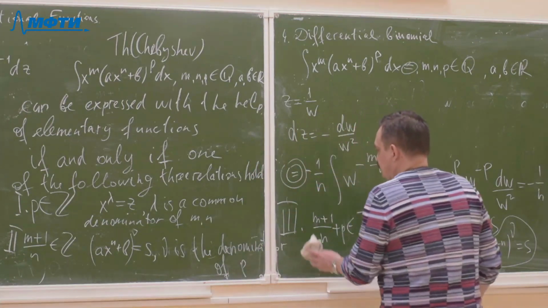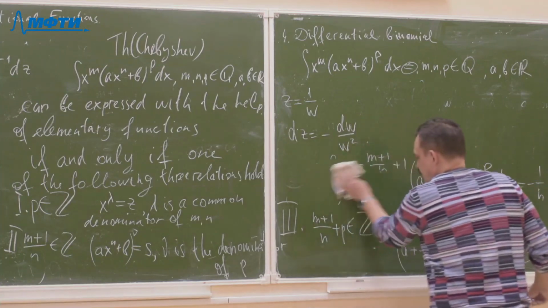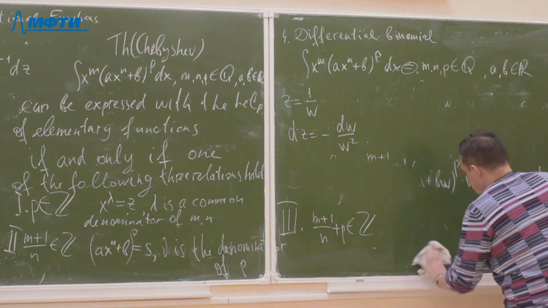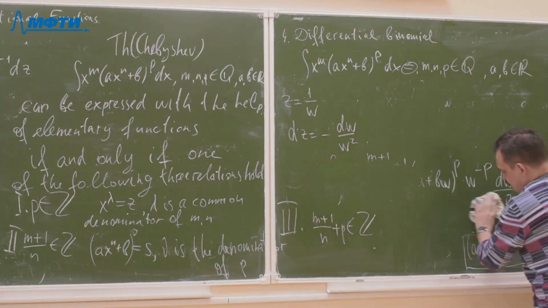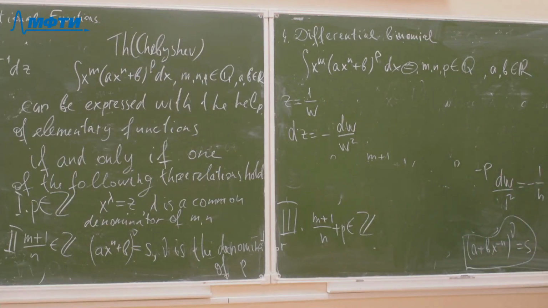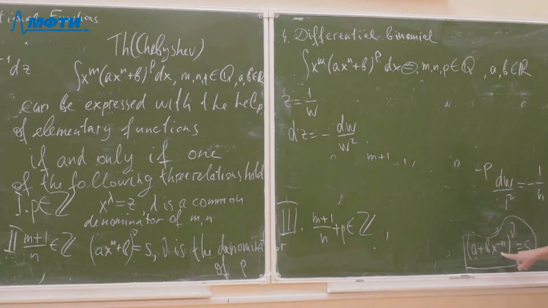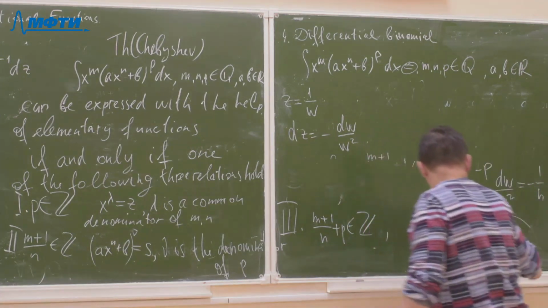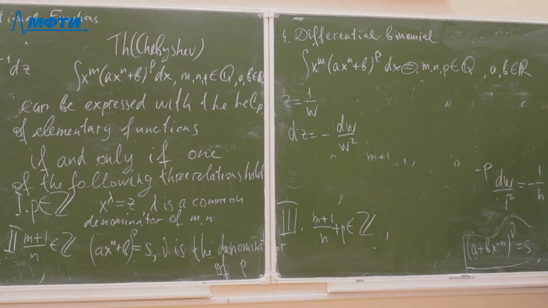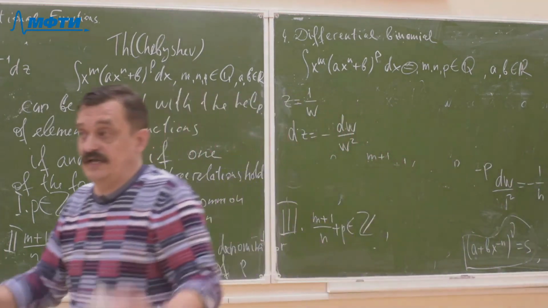And the last case, the third one, m plus 1 over n plus p is an integer. Then (a plus bx to the power minus n) to the power nu equals s with the same nu, right? Nu is the same as in the second case. So no more cases.